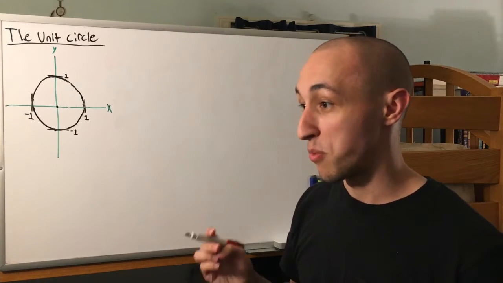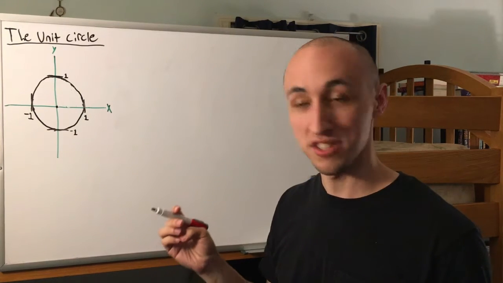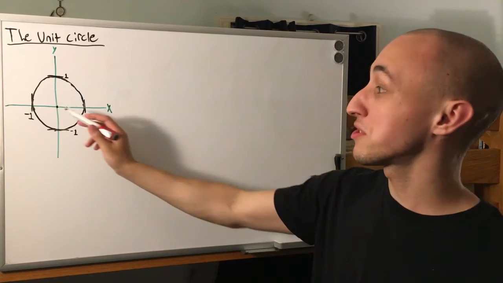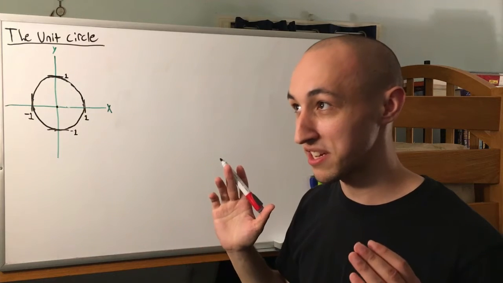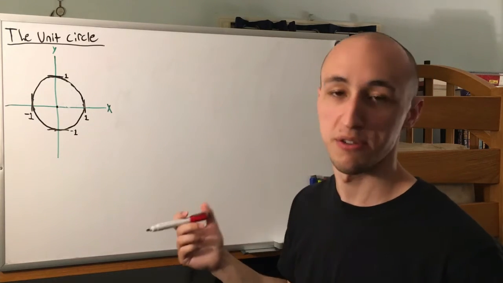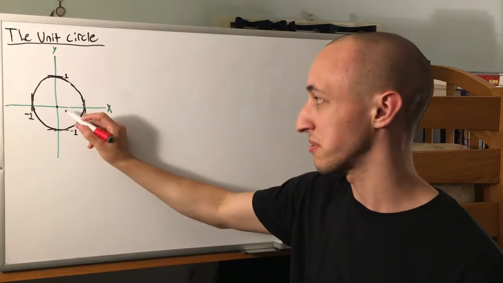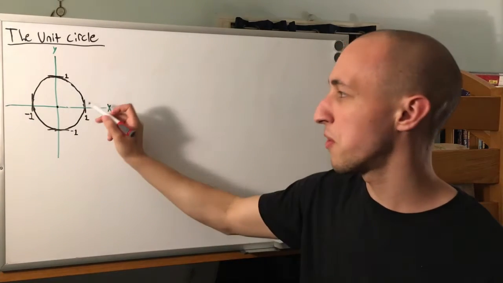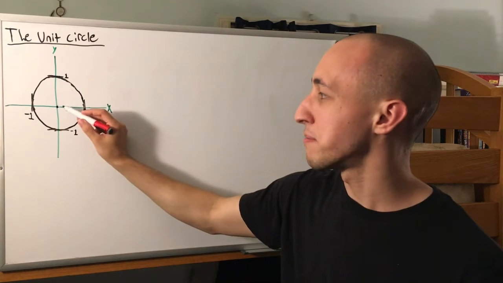We have chosen, probably because most mathematicians back in the day were right-handed, the positive x direction to be 0 degrees, or 0 pi, or 0, in terms of its angle magnitude, okay? And we have also chosen to go counterclockwise as we add magnitude.